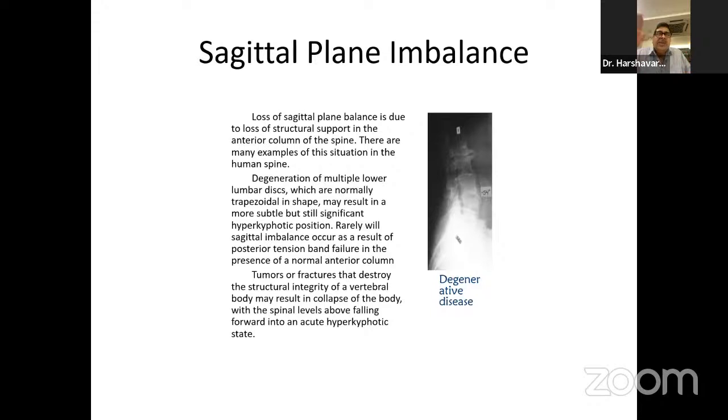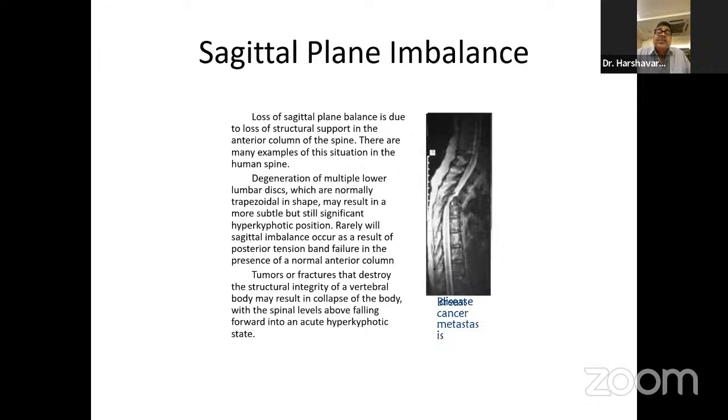If the weight-bearing axis shifts a little bit towards the back, as the muscles of the back are much stronger than those of the abdomen, especially in people who do not exercise, sit for long periods, etc., then in those cases the degeneration is faster. And when that degeneration occurs, you have a sagittal plane imbalance. That's also seen in fractures, in infections that affect the vertebral body, or tumors that affect the vertebral body. Next slide, please.